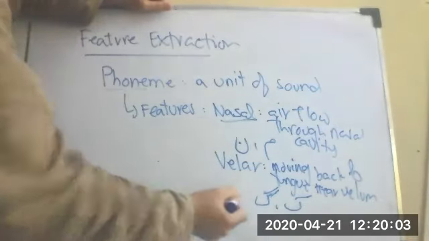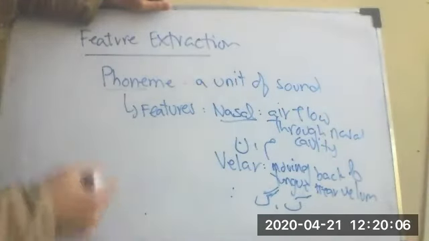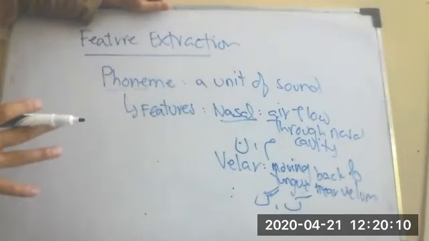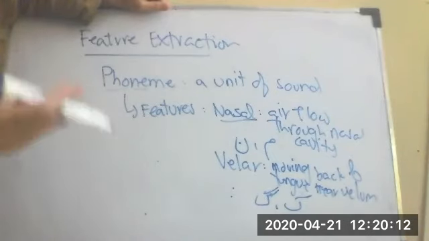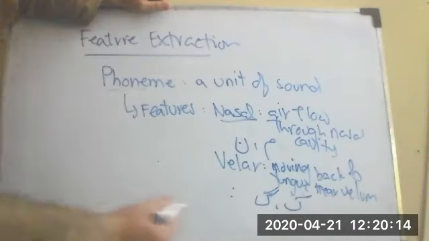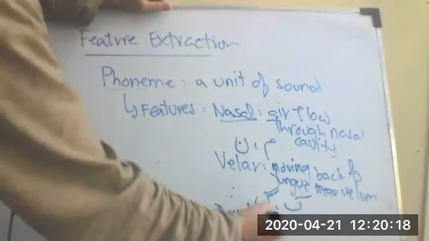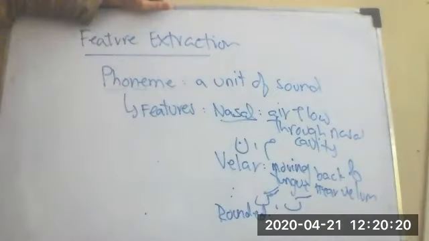Similarly, there are other features. In English, as I said, they can be classified into 16 features. Urdu has a bit more. One of the examples is the rounded feature, which requires your lips to become round, or rounding of lips.